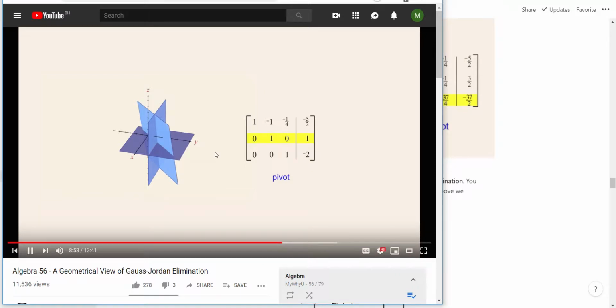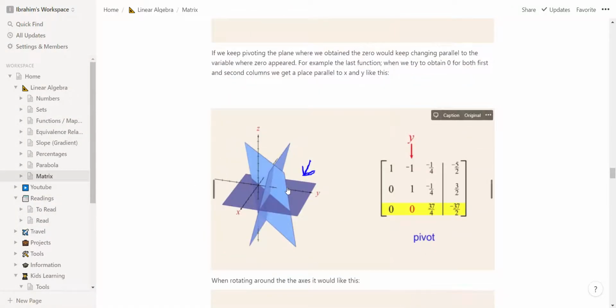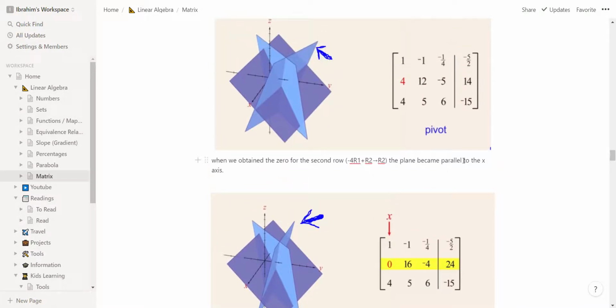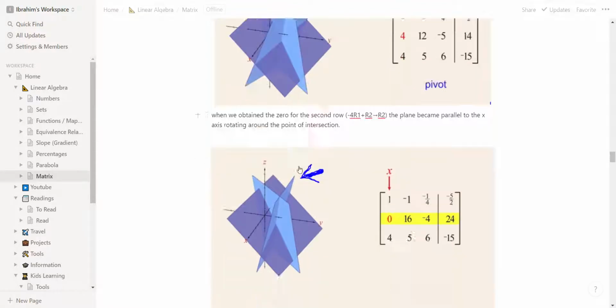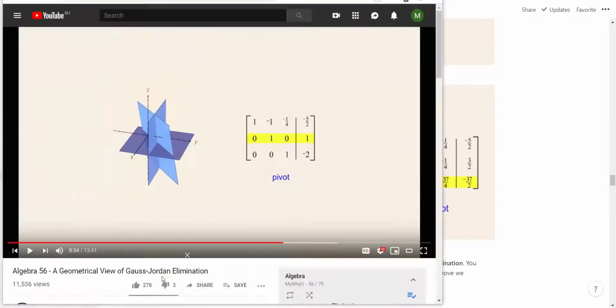And since the z coefficient in row 2 has changed to 0, plane 2 has become parallel to the z-axis and is now vertical.